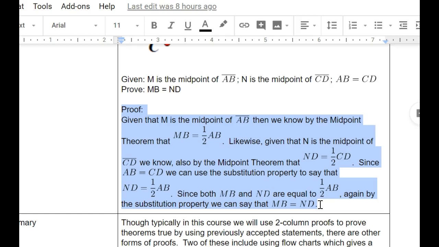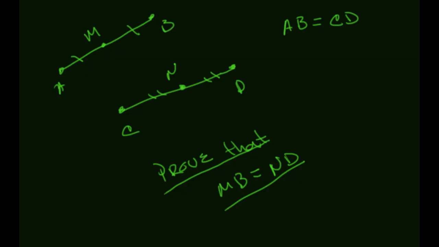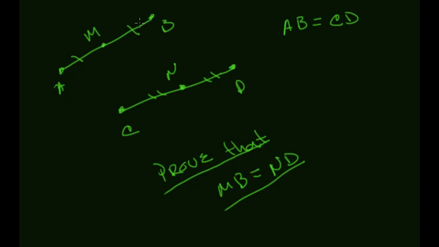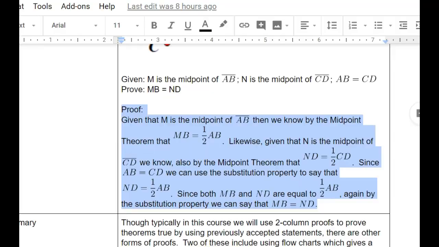So it says, given that M is the midpoint of AB. If I flip back to my drawing, it's really clear there that M was given as the midpoint of AB. So we know by the midpoint theorem that MB is half of AB. So MB here is half of the whole thing. Okay, so that makes sense.